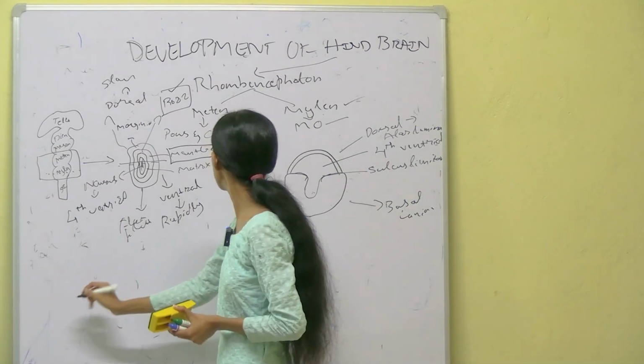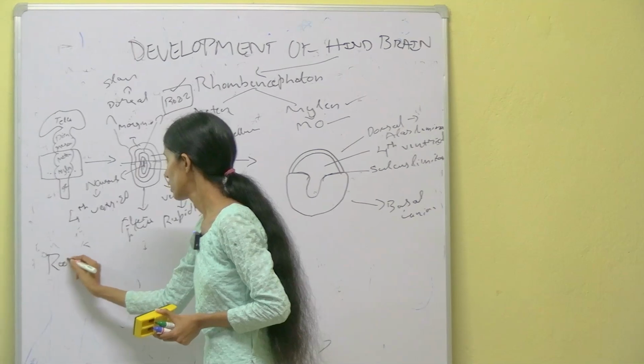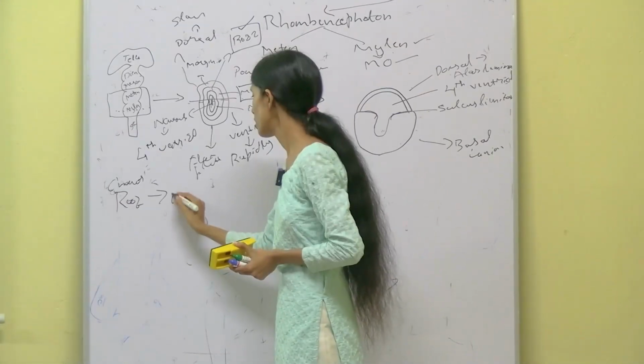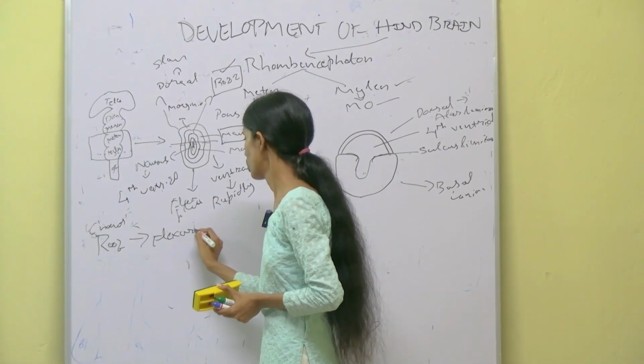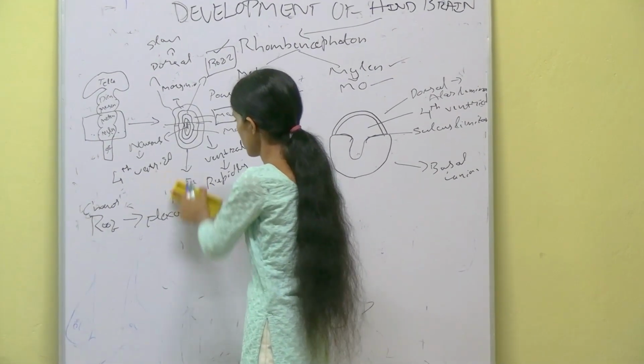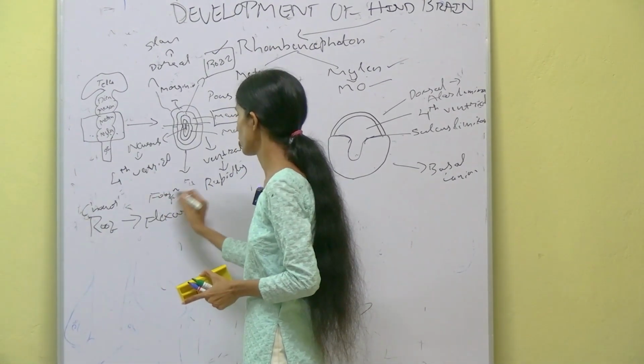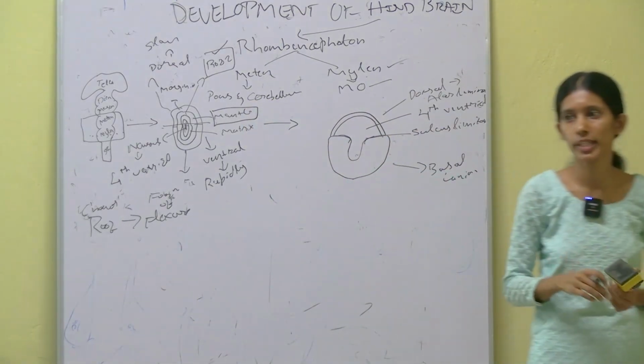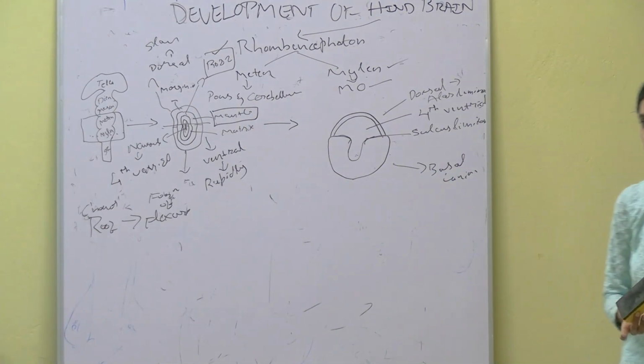I'll write it here. There will be some changes in the roof plate due to the formation of flexure. So tell me, what is flexure and how many types of flexures have we studied?